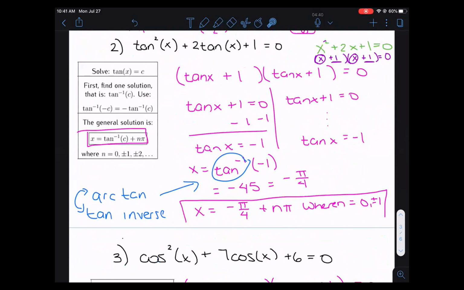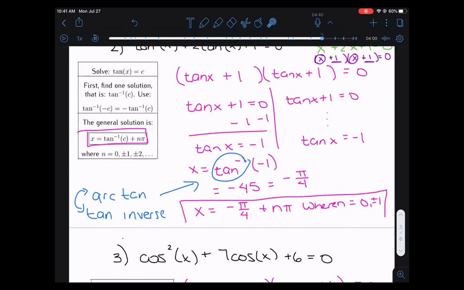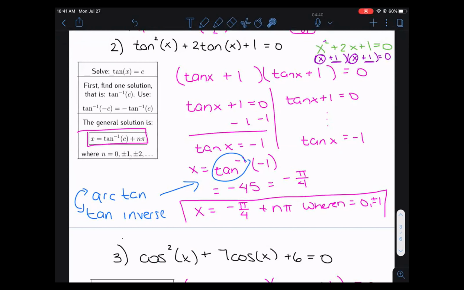The writing may or may not seem confusing, but it's not too confusing.